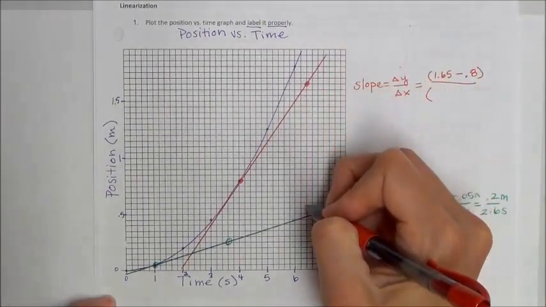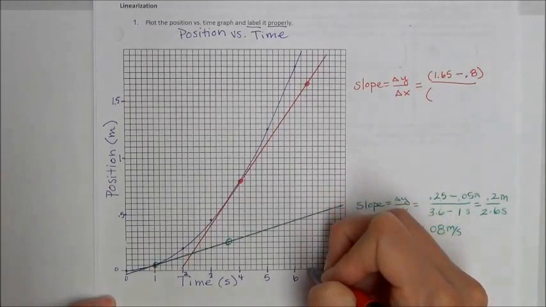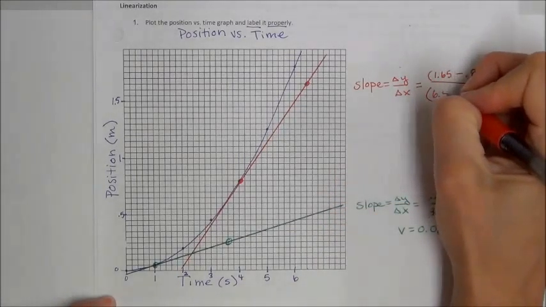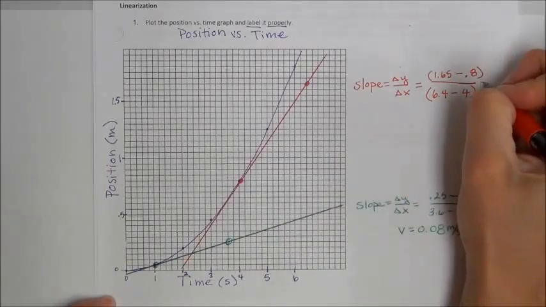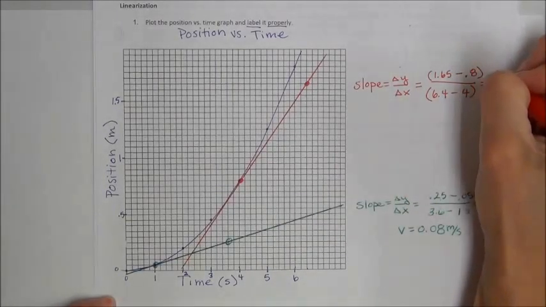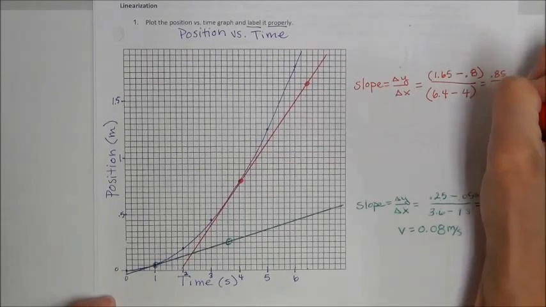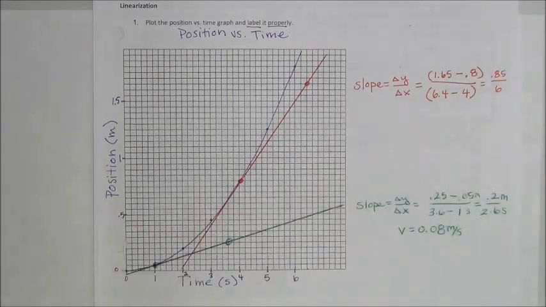So this is at 6.4 seconds minus 4 seconds. So I end up with 0.85 over 6.